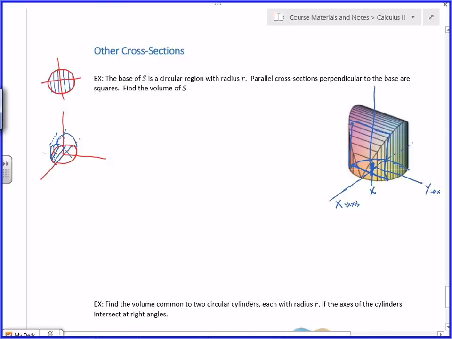Okay, so the question is, what's the area of that square? Because if I can find the area of that square, then the integral is going to go from however far forward I am here to however far back I am there of that area of x dx. So if I can figure out what the area of that square is, all I've got to do is plug that in right there. Okay?